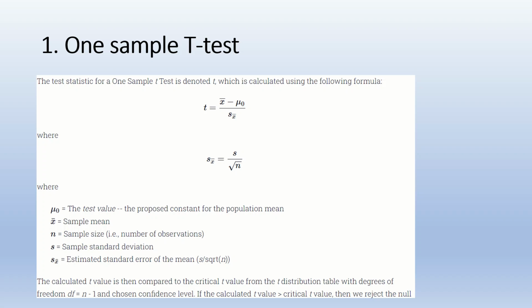It's not the standard deviation. The standard error of the sample is equal to the standard deviation over square root of n. So you see why we need the test value there, the hypothesized mean.